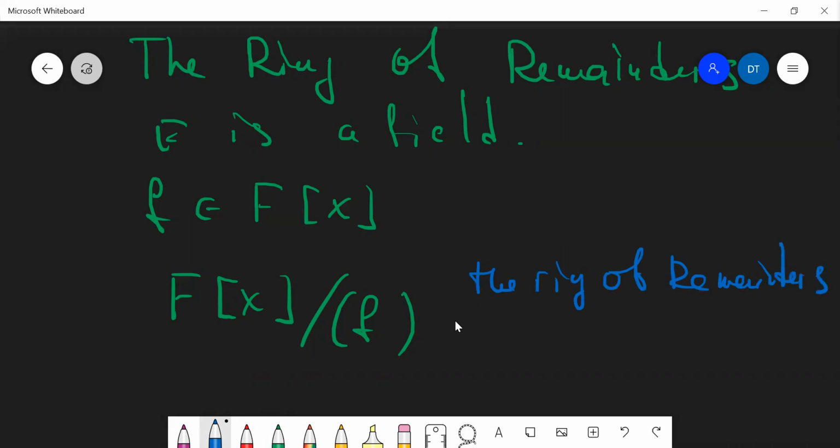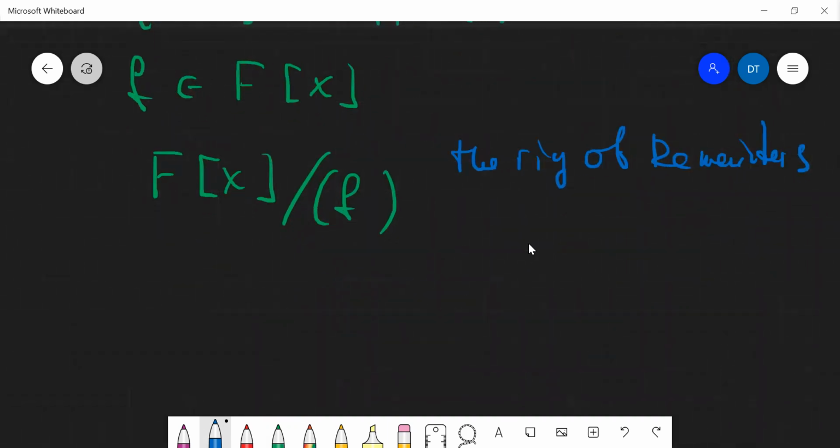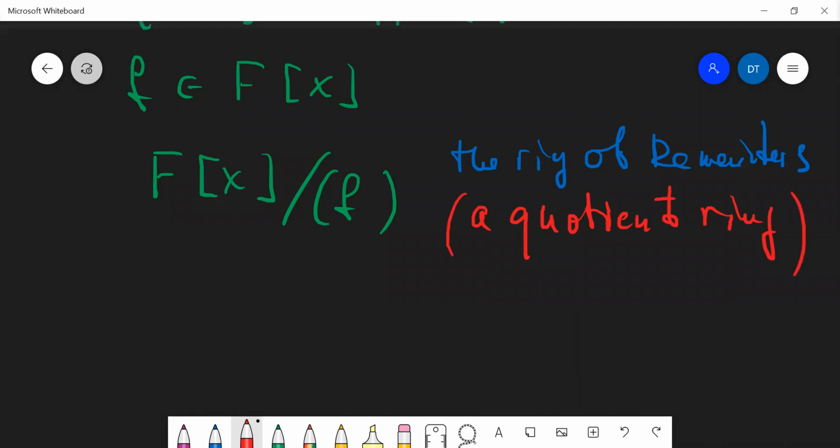I want to define it for every polynomial f. Actually, there is a different name for this: it's called a quotient ring. That's just a different name. The full name is the ring of remainders with respect to polynomial f.